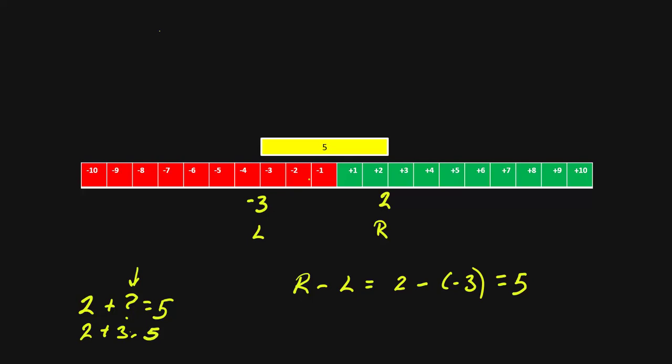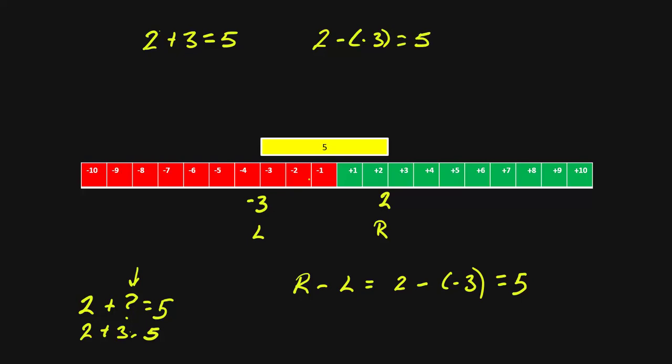Now we go back to the top of the page. We'll write both of these equations. 2 plus 3 equals 5. And we also have this equation, 2 subtract a -3 equals 5.